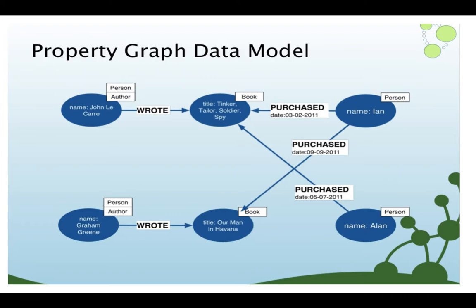On Neo4j, a graph data model looks like this, in which we have node, relationship, label. In this data model, you can see we have four persons. The first person is John Lee, then Len, Graham, and Ellen.